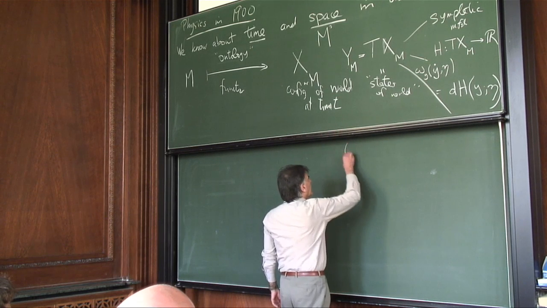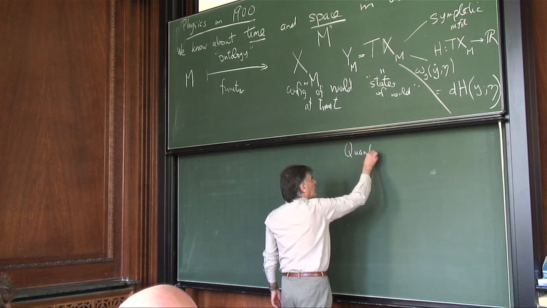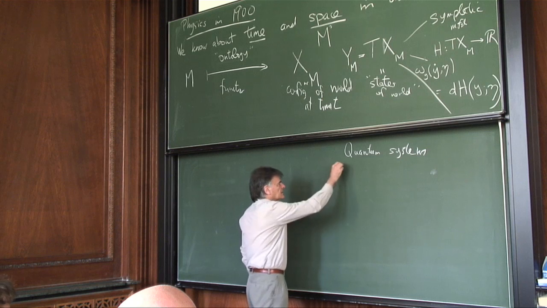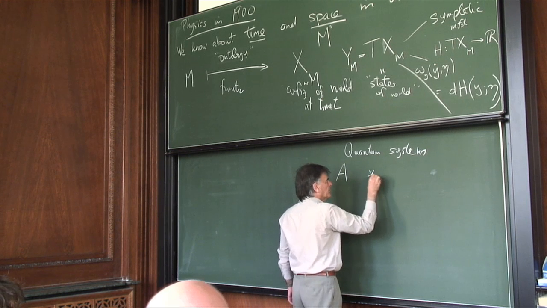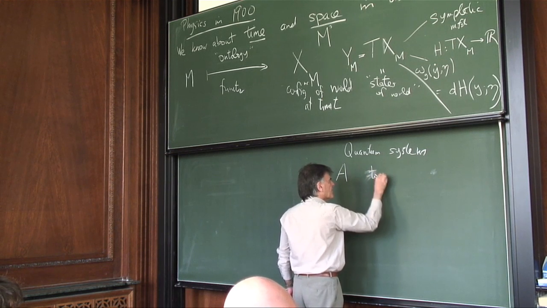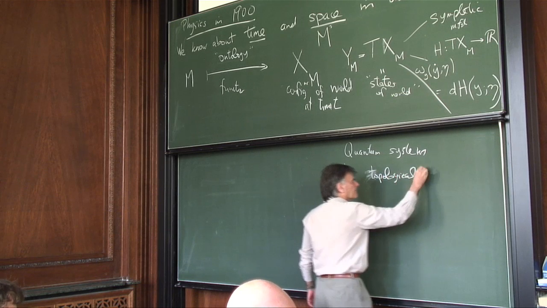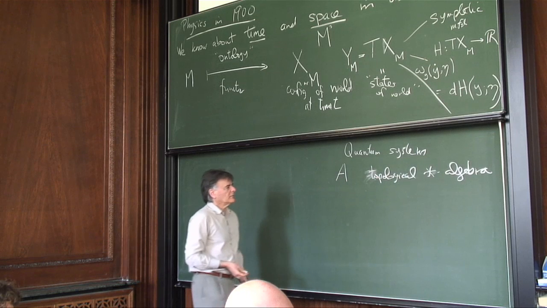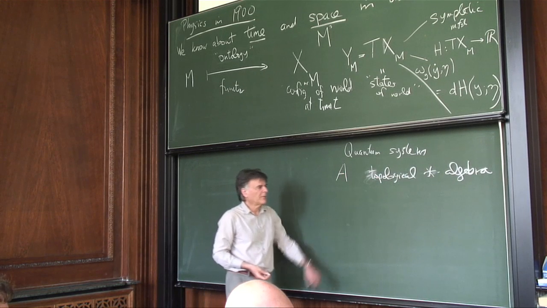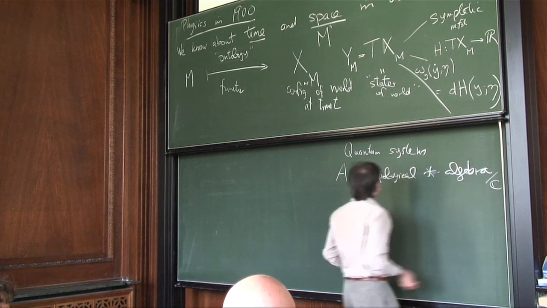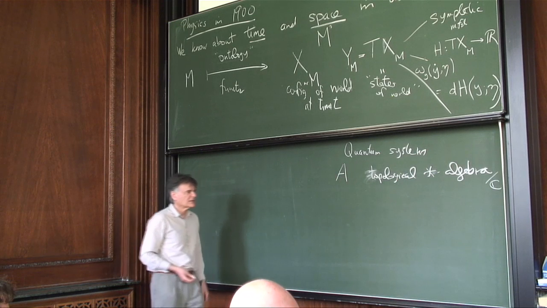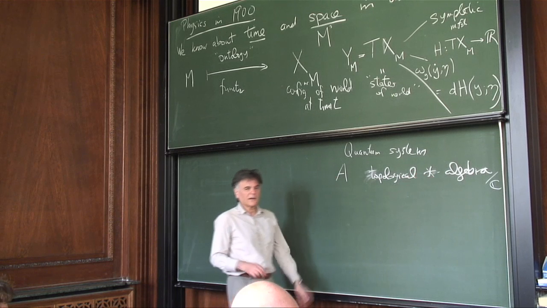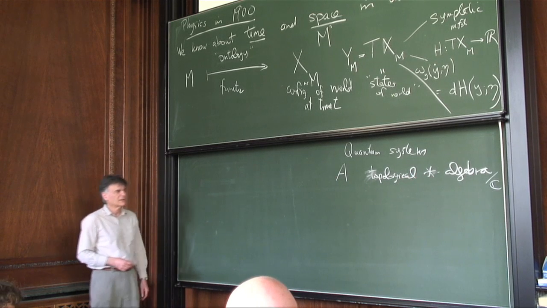So a quantum system is easy. Well, it's a star algebra, topological. So it's an algebra over the complex numbers. And it's not necessarily commutative, it has some anti-involution, which is complex antilinear, called star, and it has a topology with respect to which its multiplication is continuous.